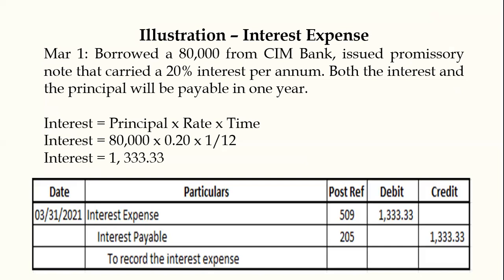That's why times 1/12. And the answer is 1,333.33. That is our interest expense for the month of March and interest payable. So, yan ay ating babayaran pa. No? Babayaran pa natin yan. Kaya meron tayong credit na interest payable, the same amount, 1,333.33.